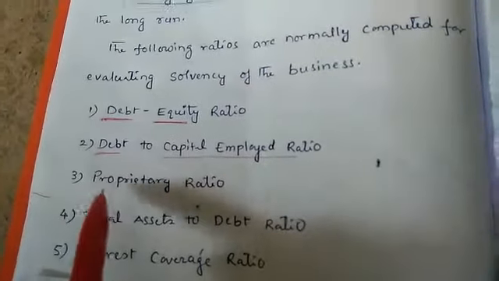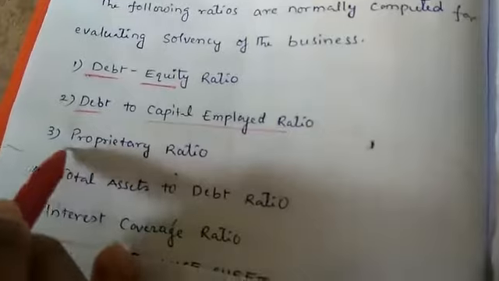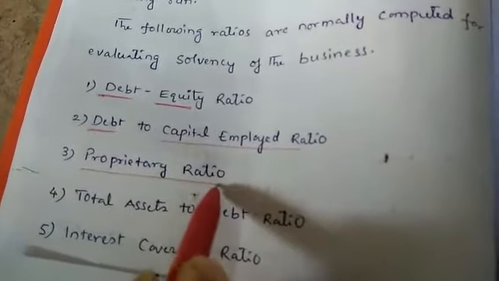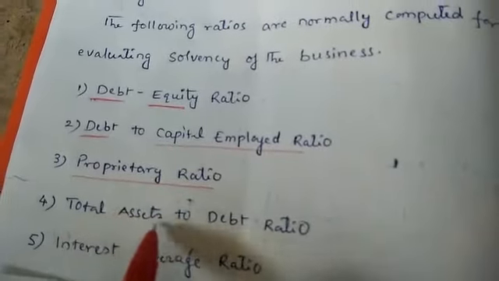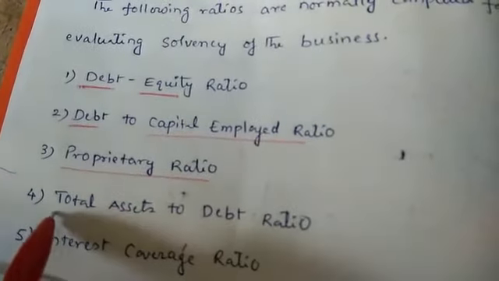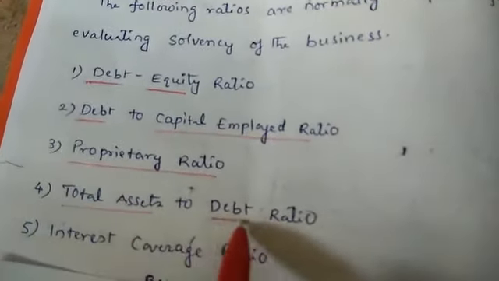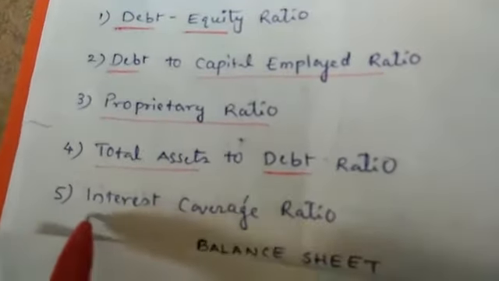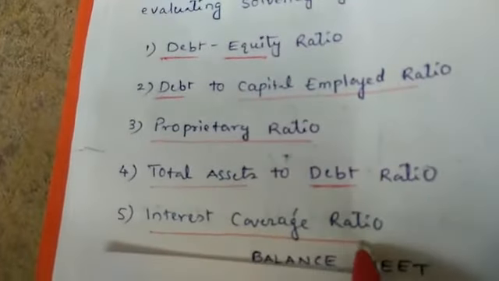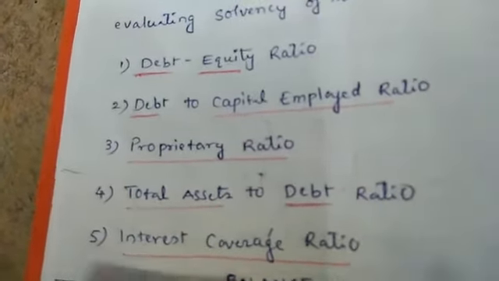Third is the proprietary ratio. Fourth is the total assets to debt ratio. The fifth one is the interest coverage ratio.